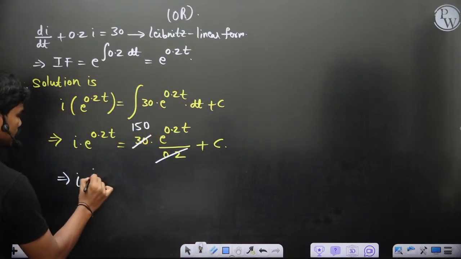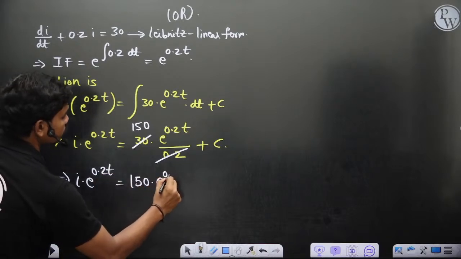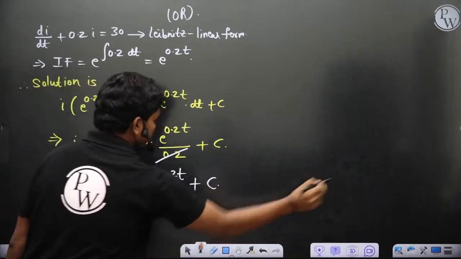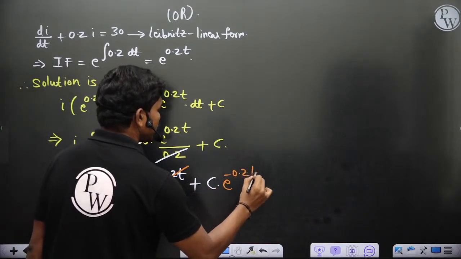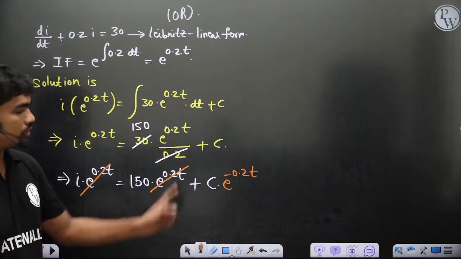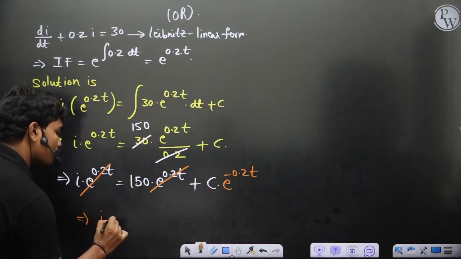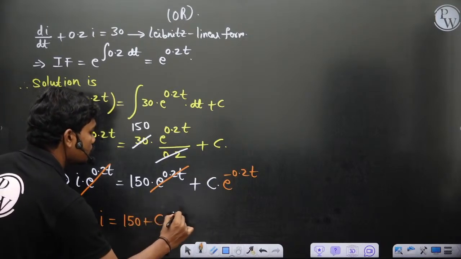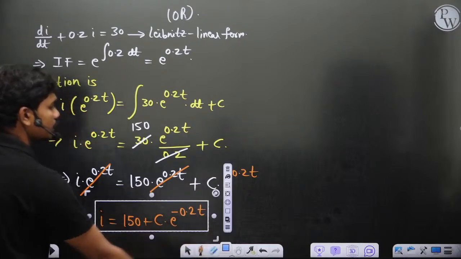So I into e power 0.2 t is equal to 150 times e power 0.2 t plus a constant. Cancelling e power 0.2 t on both sides, I of t is equal to 150 plus some constant into e power minus 0.2 t.